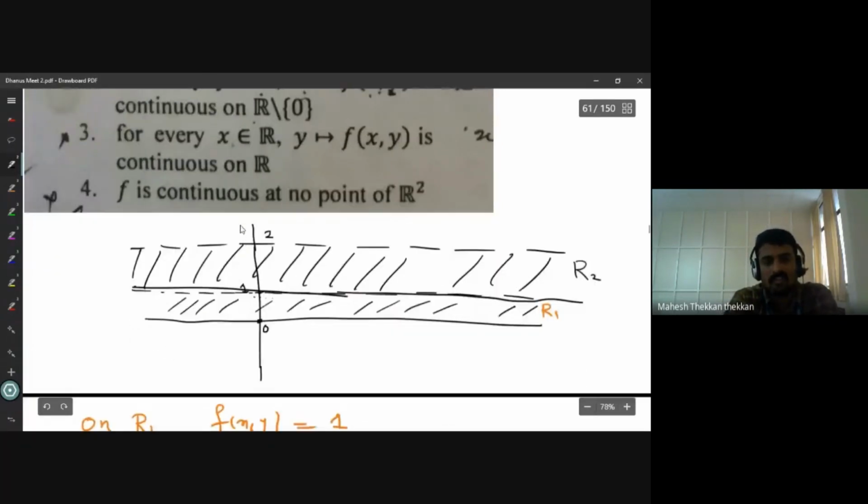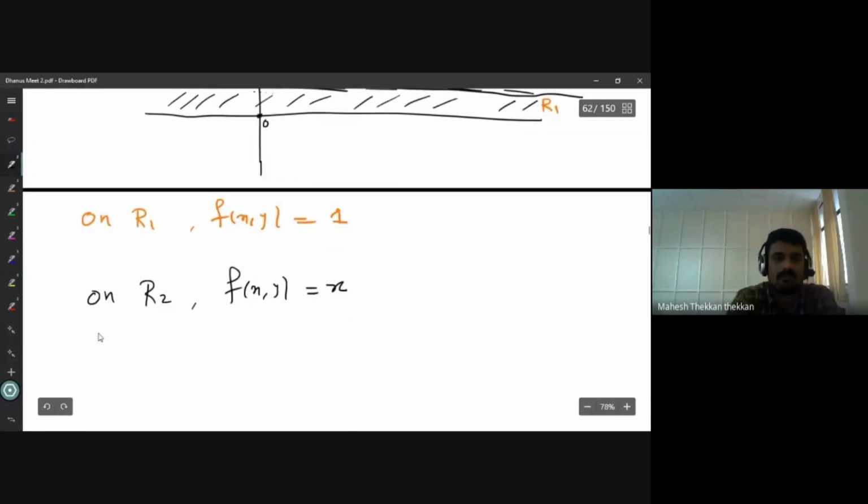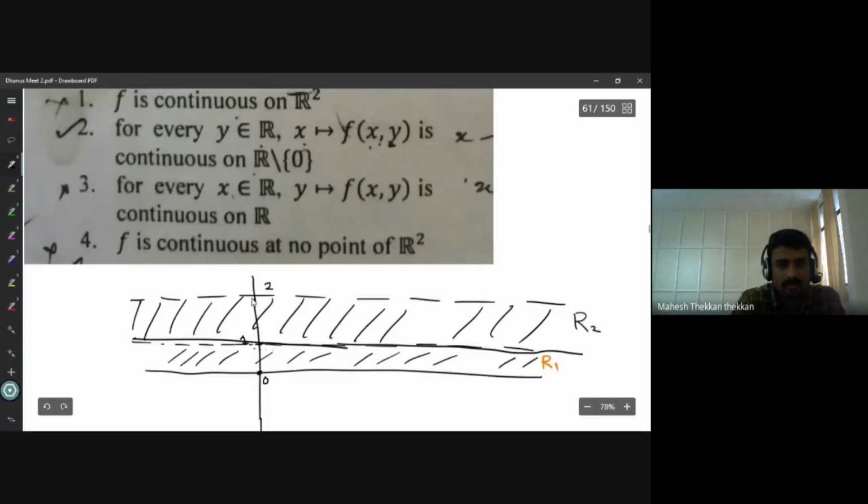So for the next region I will continue this notation. On R3, f(x, y) is x square. For this region, I will include the points on the line y equal to 2 up to open 3.